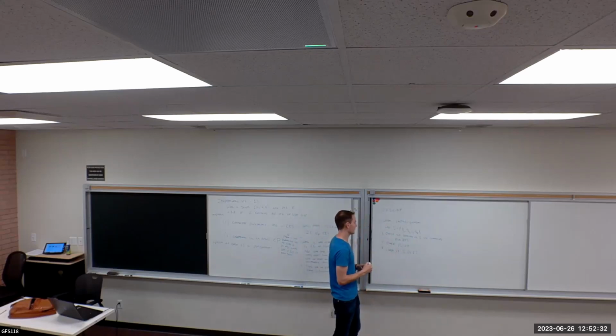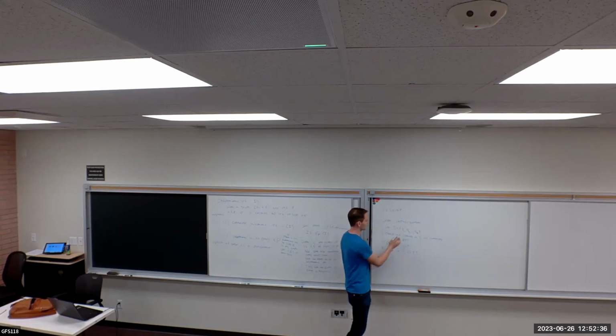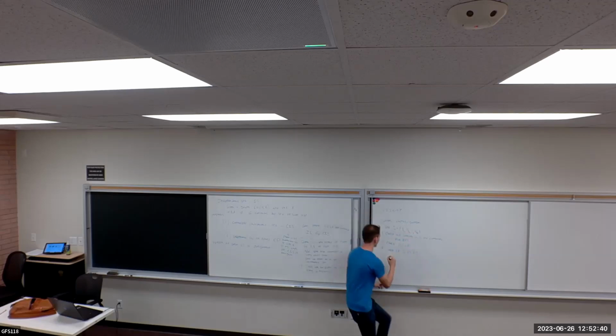The way I would probably check is to check all of the adjacent nodes for each of these, for each v sub i sub j.